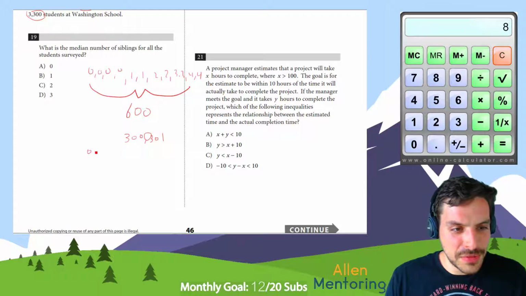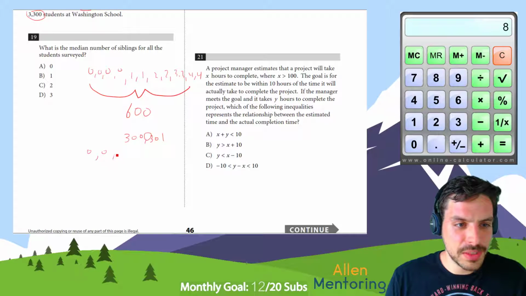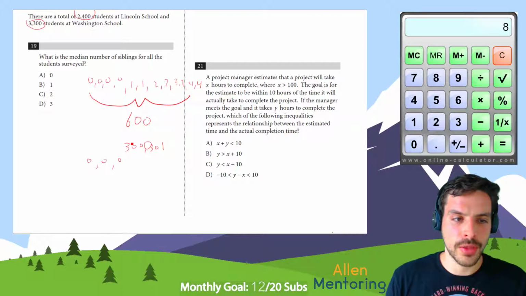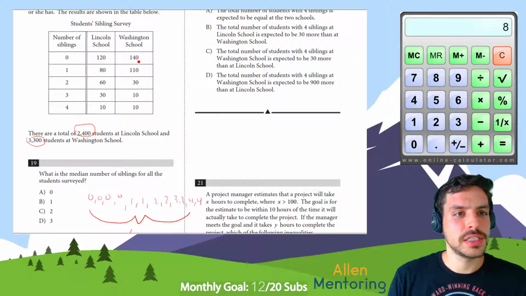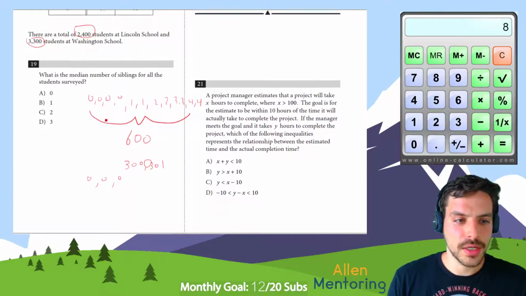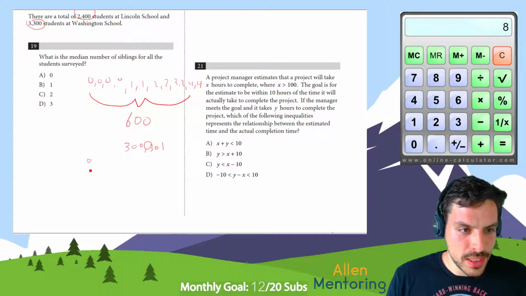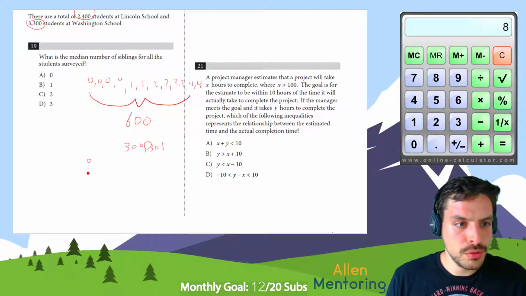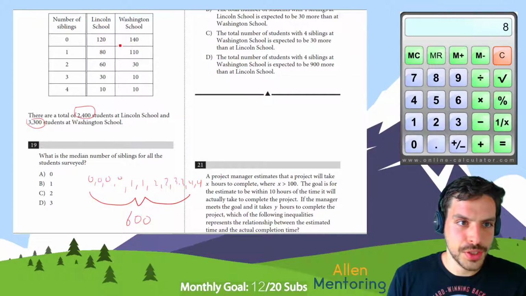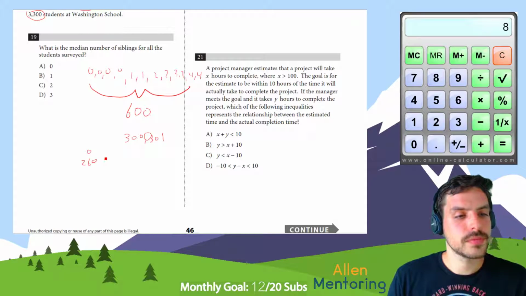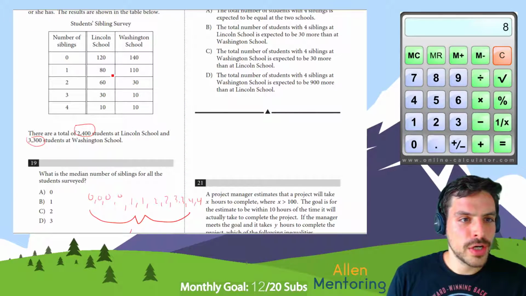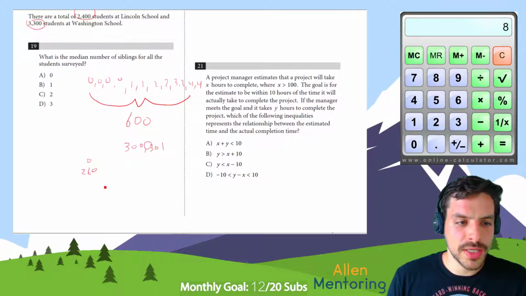So we know that there are a bunch of zeros, a bunch of 1s, a bunch of 2s, right? But how many zeros are there? We see there are 120 zeros from Lincoln and 140 zeros at Washington. So 120 plus 140, there are going to be 260 zeros, okay? Then there are going to be 190 ones.